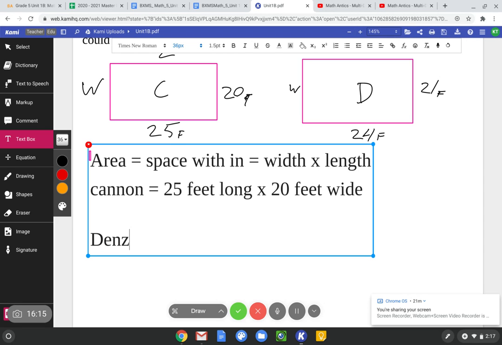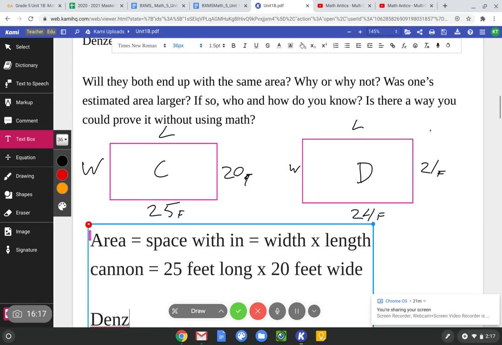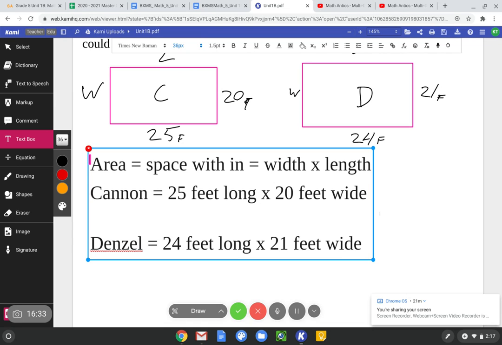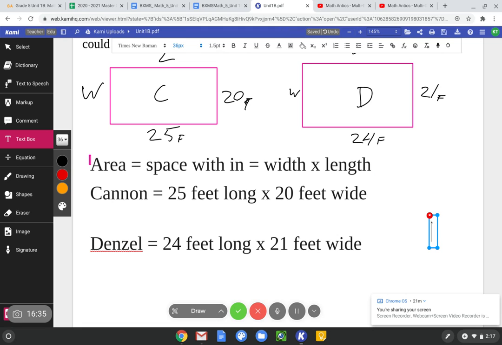And Denzel, am I spelling it correctly? Yes. He said 24 feet long and 21 feet wide. So who was going to have the bigger rug? Who's going to have the smaller rug?